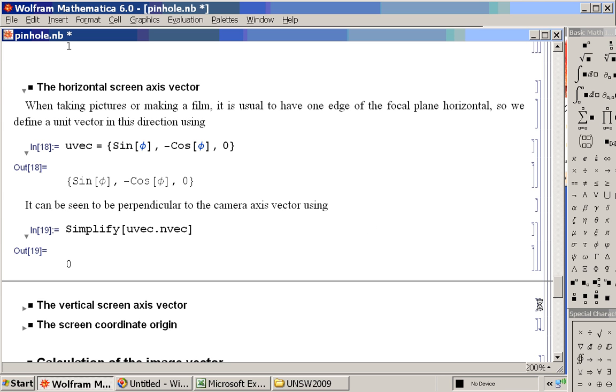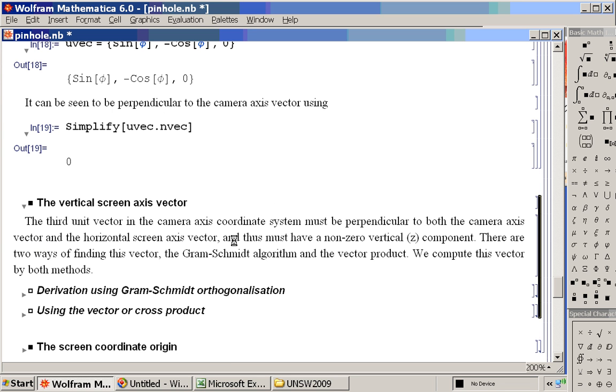So now I've got 2 vectors in the camera frame of reference, and we want to find the third. Well, if the first screen vector is horizontal, then the other one must have a vertical component, so it must have a non-zero vertical or z component. And there are 2 ways of finding this vector: the Gram-Schmidt algorithm and the vector product.